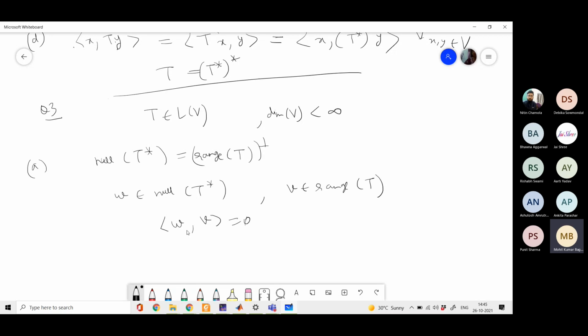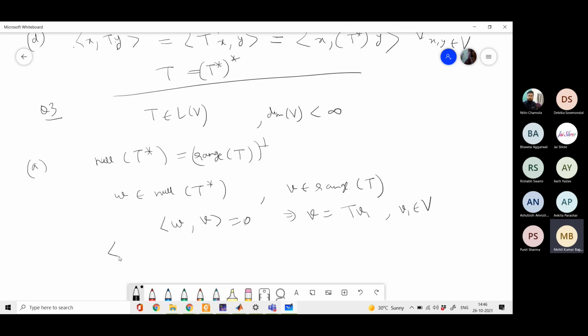Yes, sir. So all we need to show is that if W is in the null space of T* and V is in the range space of T, then the inner product of W and V is 0, and we are done. So how to do this? Since V is in the range space of T, we can rewrite it as T of V1, where V1 is in the space.